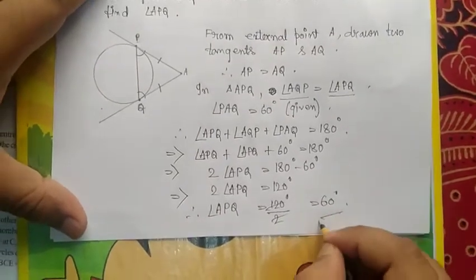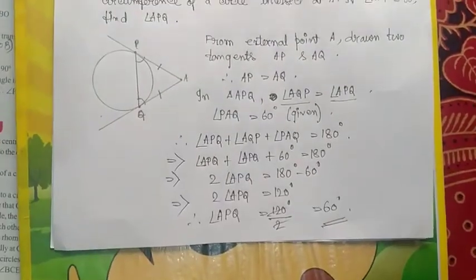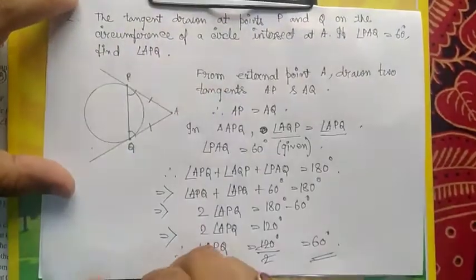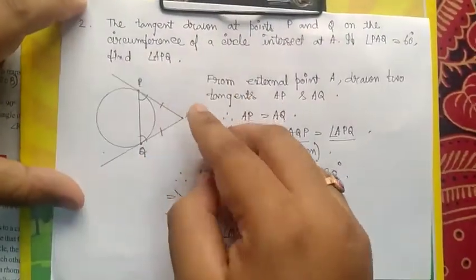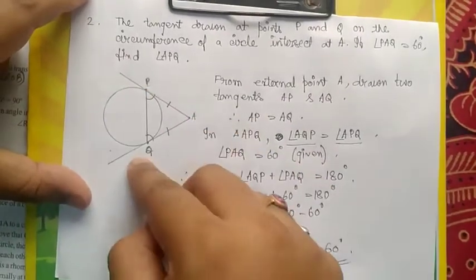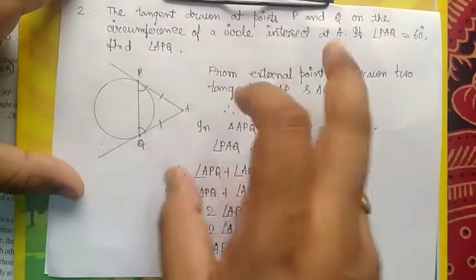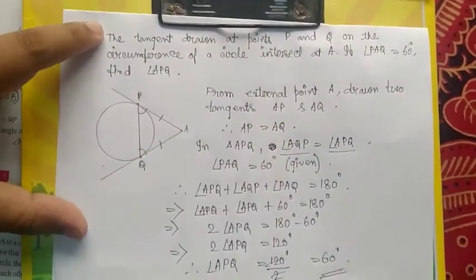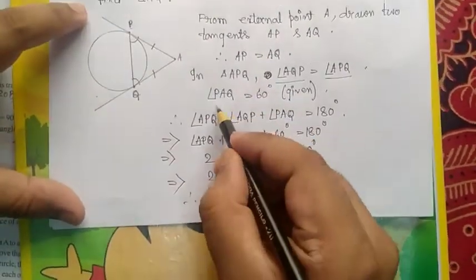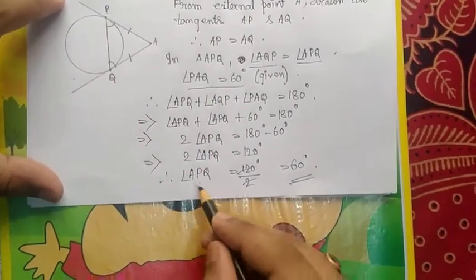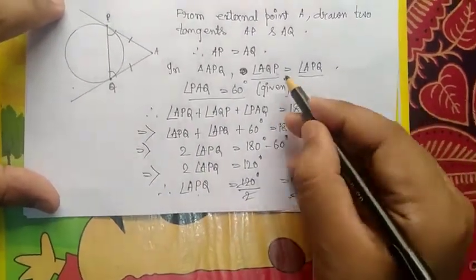And this question can be given not as find APQ, but in an MCQ question as: is this triangle APQ equilateral or isosceles? Now you see angle PAQ equal to 60 degree and APQ equal to 60 degree, and if APQ equal to 60 degree, AQP also 60 degree.